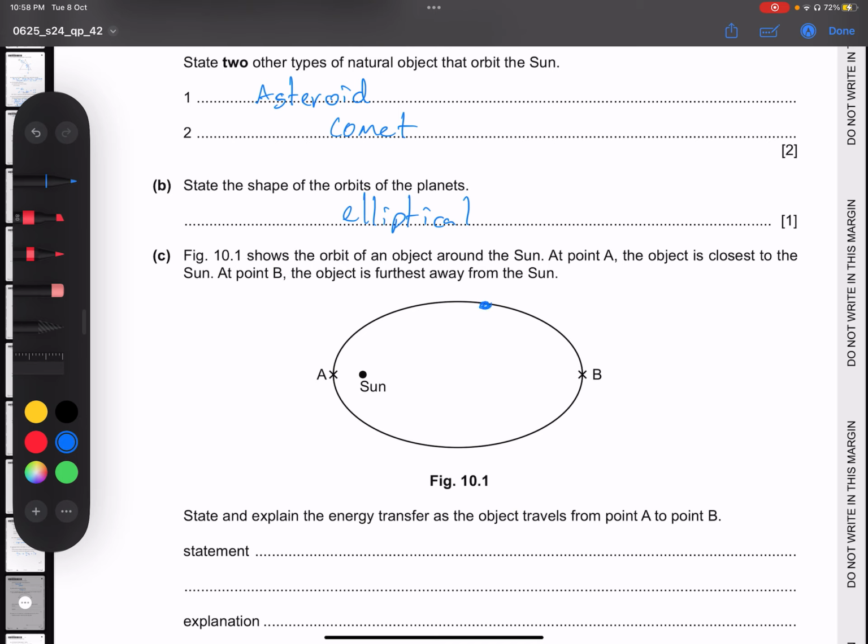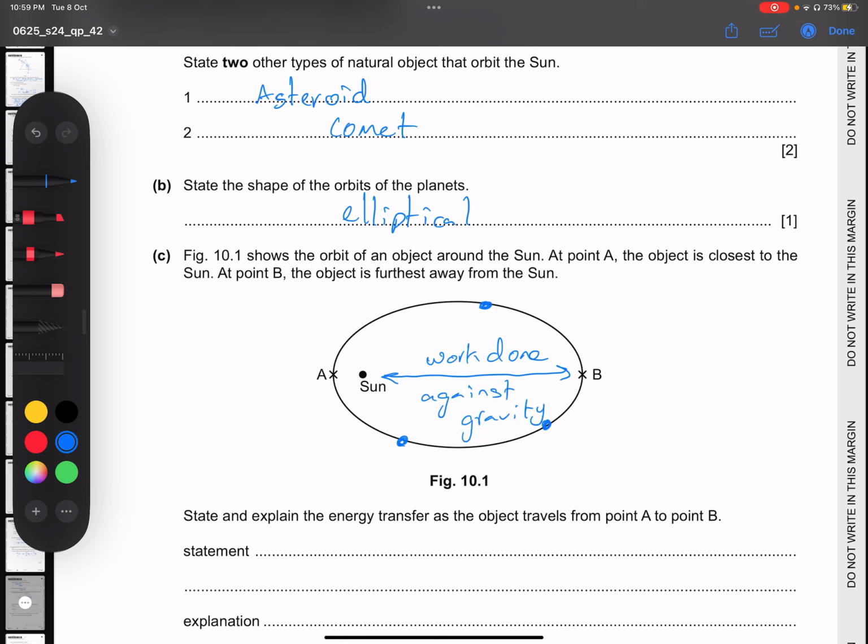The total amount of energy at every point in the orbit remains the same, that is, the gravitational potential energy plus the kinetic energy possessed by the object. However, these energies do get interconverted. When it moves from A to B, B is at a higher distance from the sun. This higher distance means that there is greater work done against gravity.